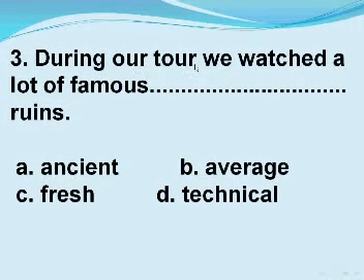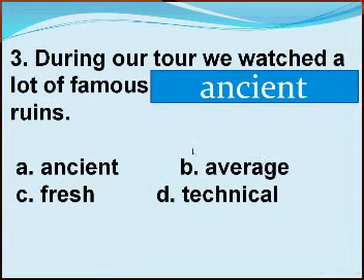Number 3. During our tour, we watched a lot of famous blank ruins. Ancient, fresh, average, technical. We need an adjective here. What do you think? We are on a tour, so what do you think? Of course, ancient. I mean old ruins, ancient ruins.